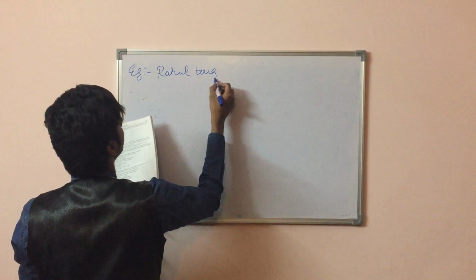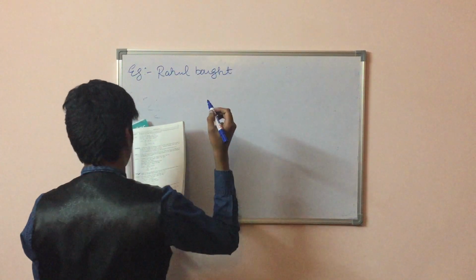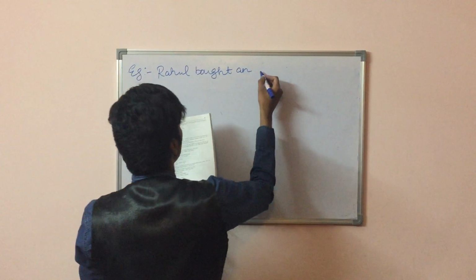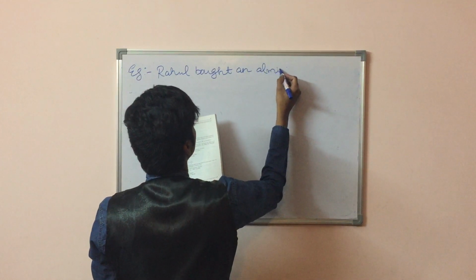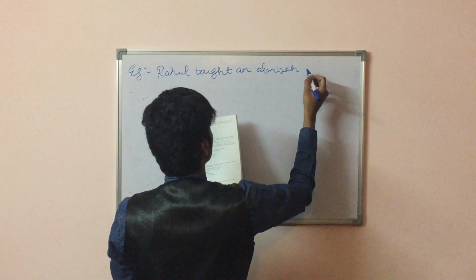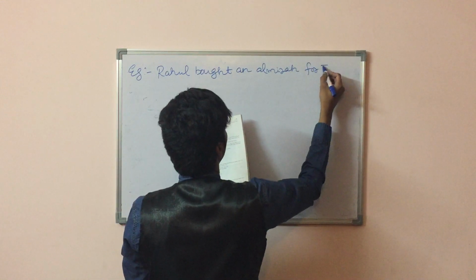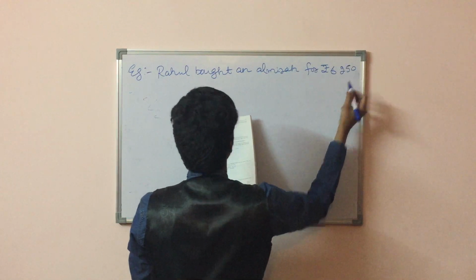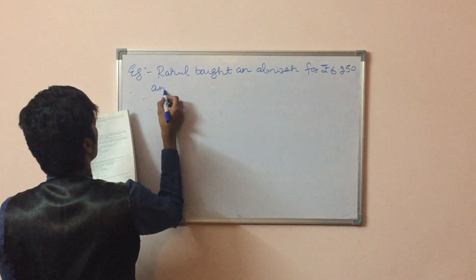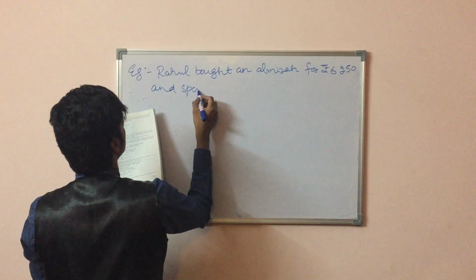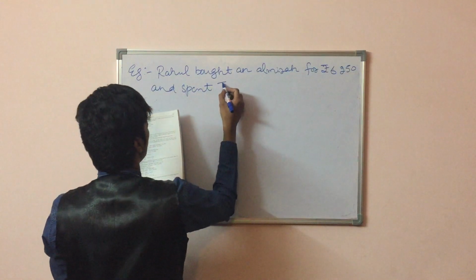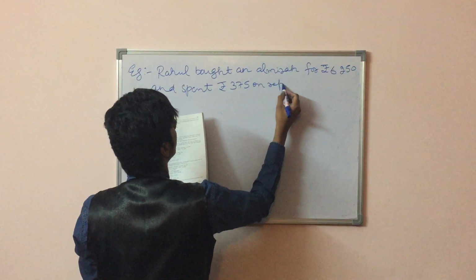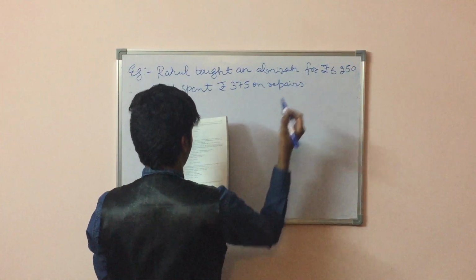Rahul bought an Almira for rupees 6250 and spent rupees 375 on repairs.